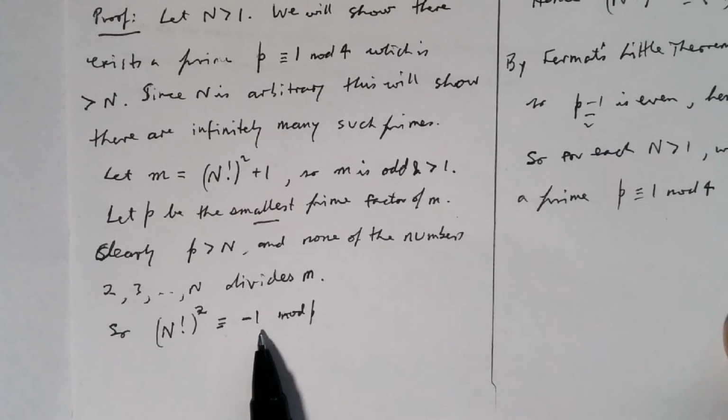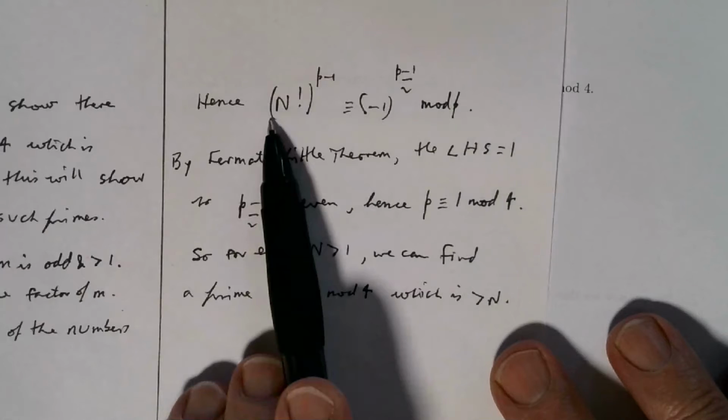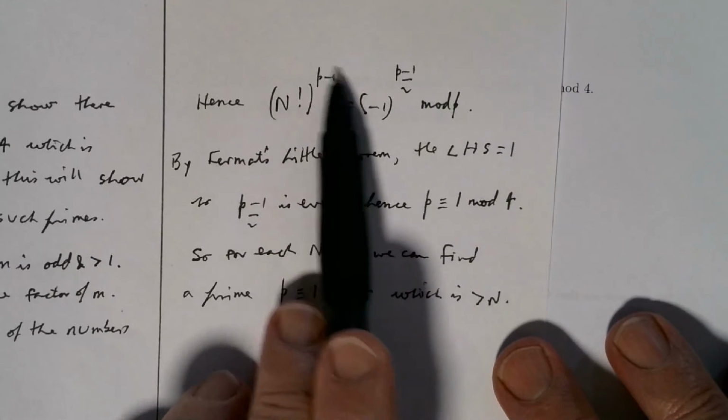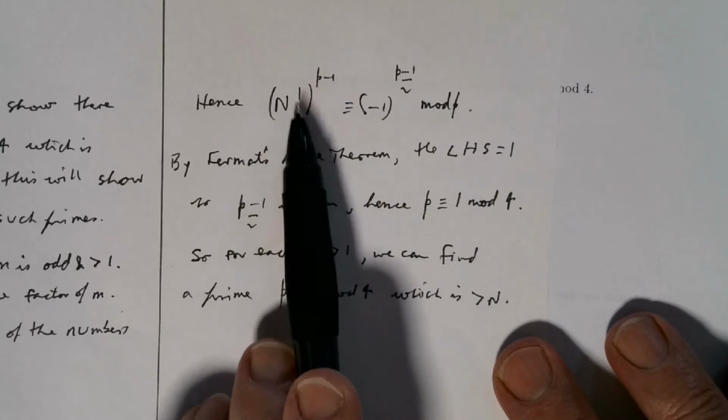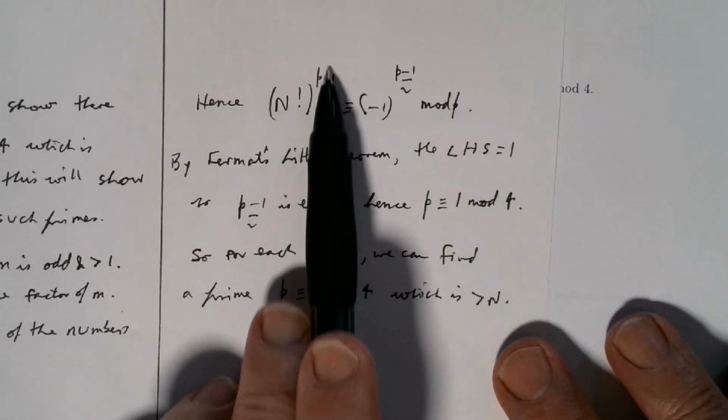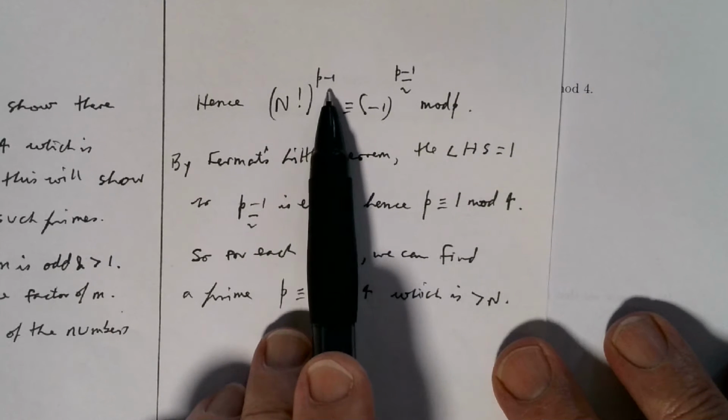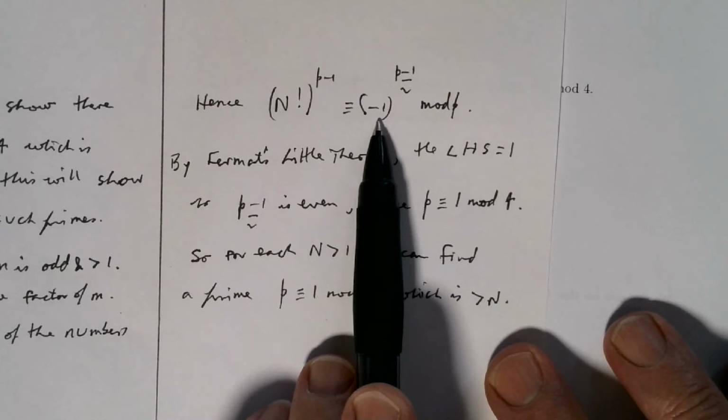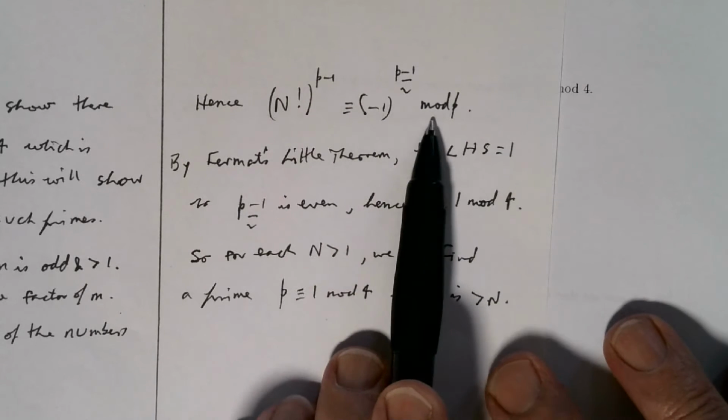So I'm going to get n factorial squared to the p minus 1 over 2, which is just n factorial to the p minus 1, and this side we get minus 1 to the p minus 1 over 2.